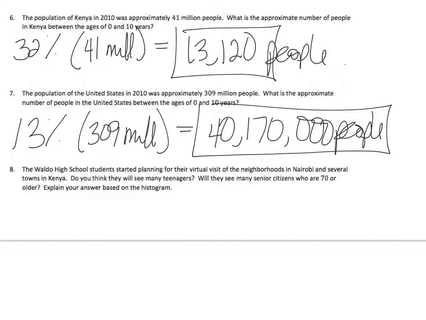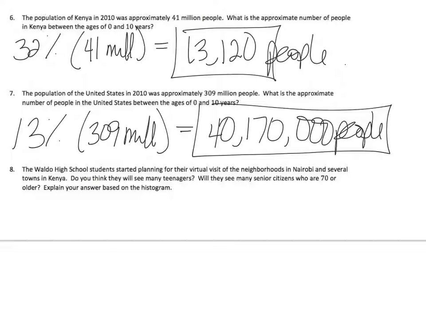The Waldo High School students started planning for their virtual visits of the neighborhoods in Nairobi and several towns in Kenya. Do you think they will see many teenagers? Will they see many senior citizens who are 70 or older? Explain your answer based on the histogram.